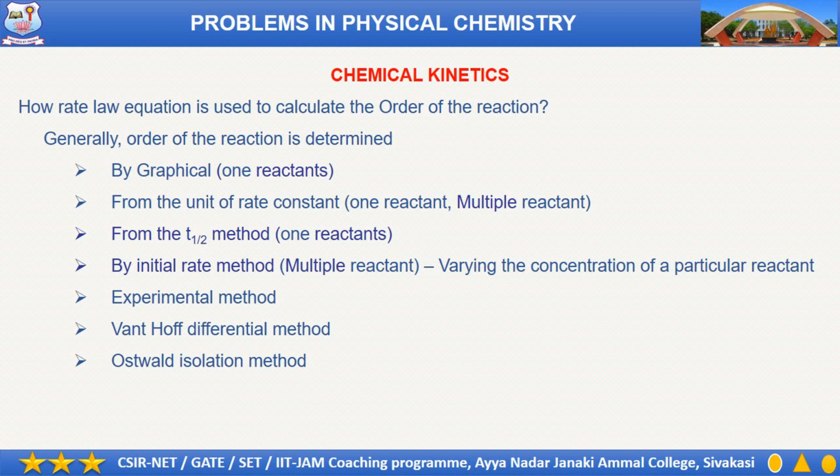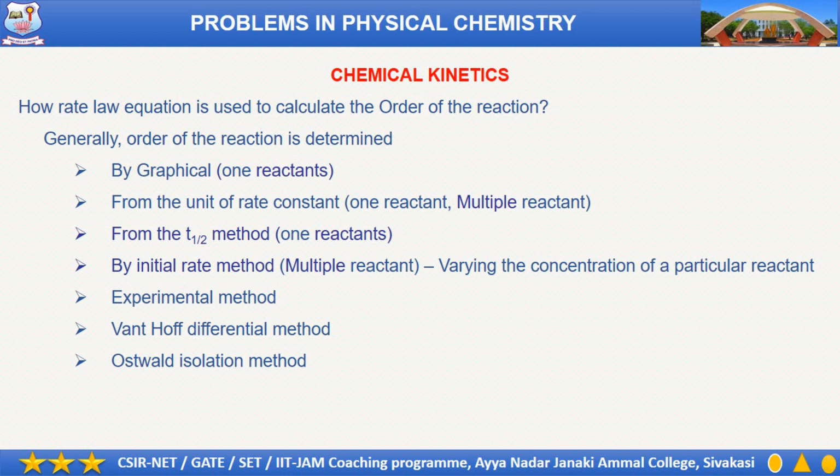Initial rate method. What do you mean by the initial rate method? The graphical method is useful to determine the order when only one reactant is present. When multiple reactants like A plus B plus C are present, the graphical method cannot be applied.